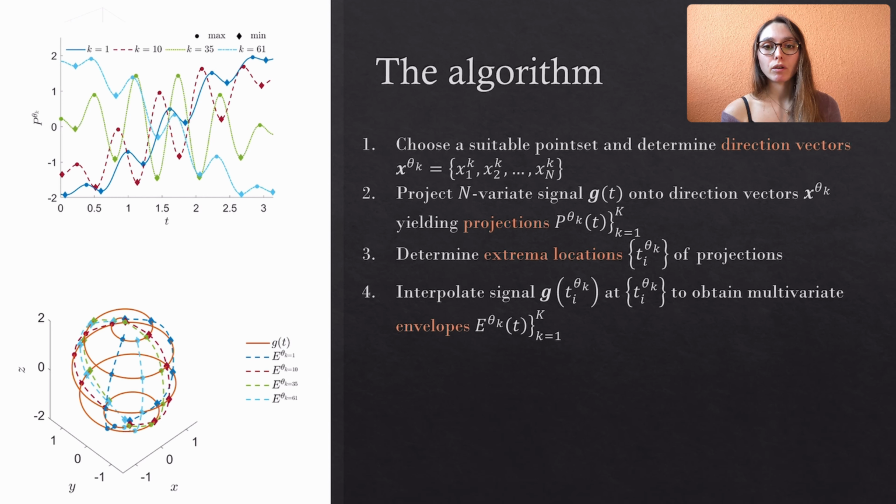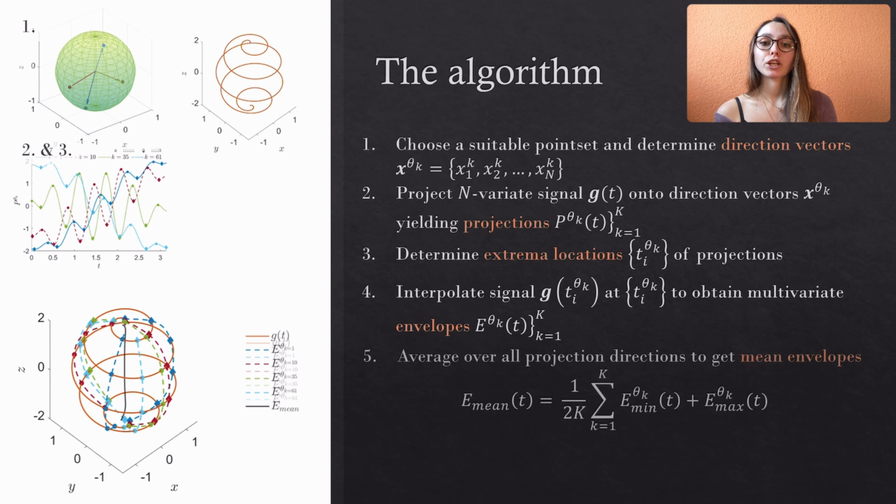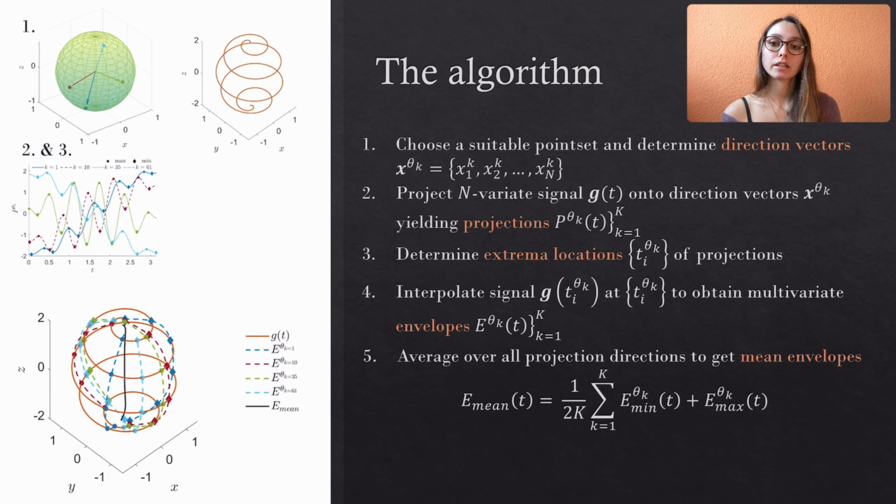Once we have determined all these envelopes that enclose our original data, we average over all projection directions to obtain a single mean envelope. And this is the reason why the direction vectors need to be uniformly distributed in space. This guarantees that the averaging yields a meaningful mean envelope that best approximates the true mean envelope.